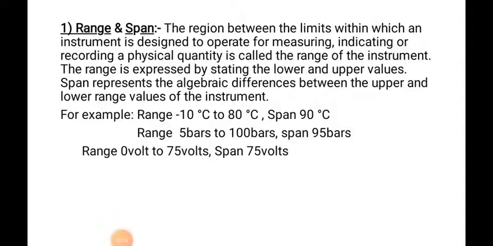The region between the limits within which an instrument is designed to operate for measuring, indicating or recording a physical quantity is called range. Suppose there is an instrument having a lower limit of reading of minus 10 degrees Celsius and an upper limit of 80 degrees Celsius.